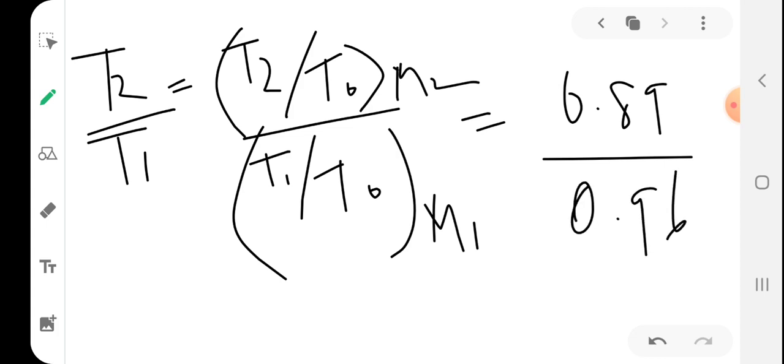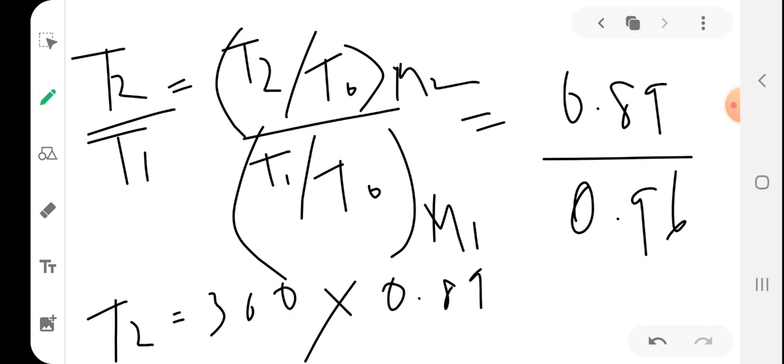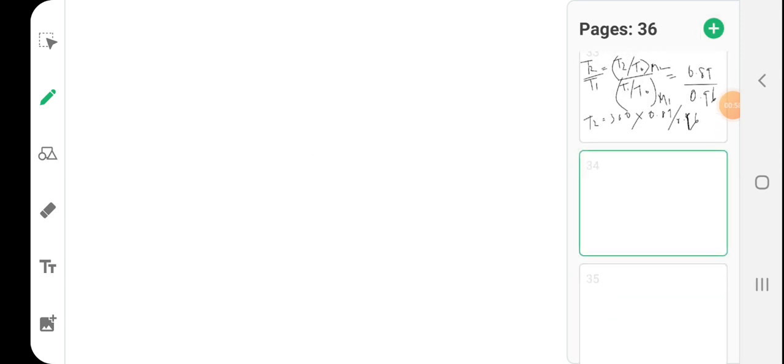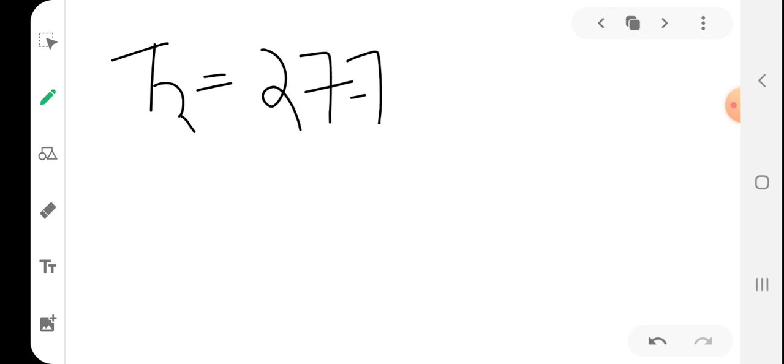T1 is 300, so T2 equals 300 into 0.89 by 0.96. So you will get T2 as 277 Kelvin.